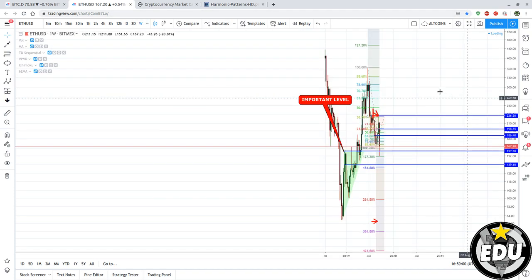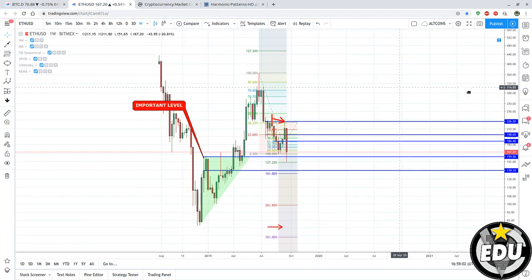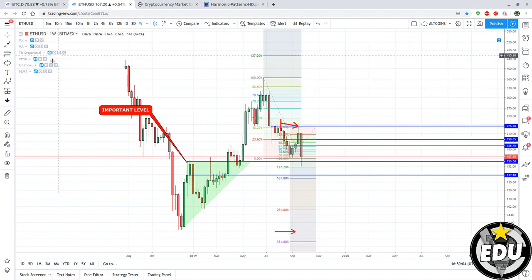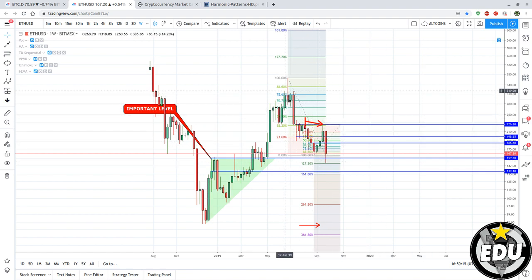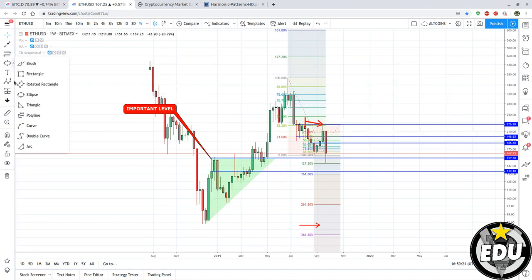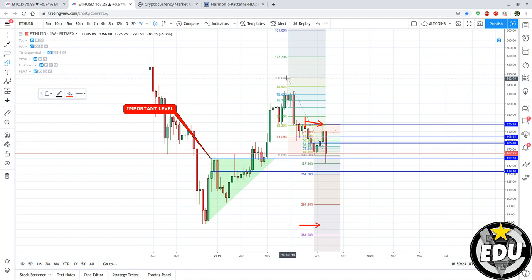Let's check the weekly. Let's see what's going on here. Well, this dump is still so bearish. Even though the buyers kicked in here, you guys can see the price action and market structure is bearish in this correction.